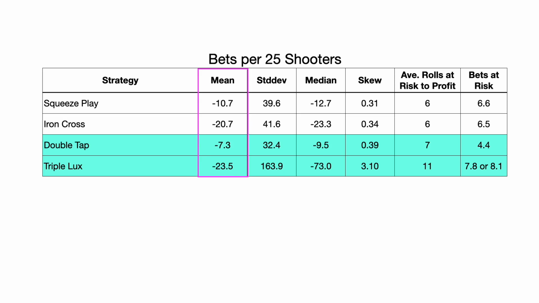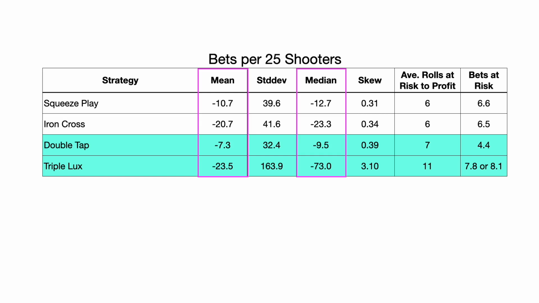On the flip side, triple Lux has the worst, just a little worse than the Iron Cross. But when we look at the medians, we see that for most strategies, they're just a little worse than their means. But for triple Lux, it's much worse at minus 73 bets per 25 shooters. And earlier, we found that the mode was even worse.